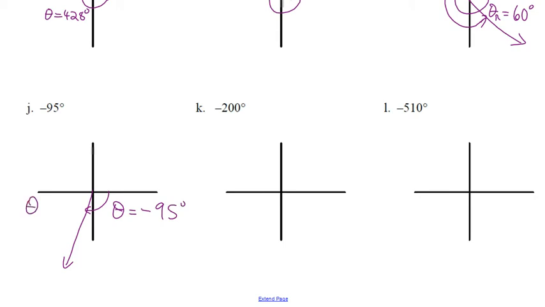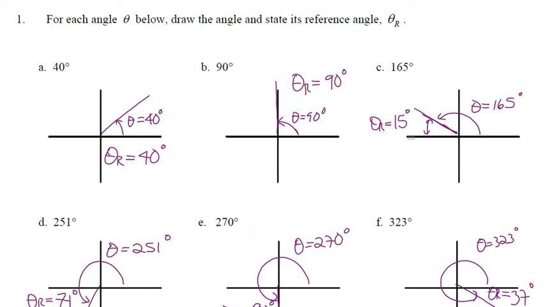And what's theta reference? 95. Nope. Because it's acute. What's acute mean? Yeah, less than 90, right? So your theta reference angle is 85 degrees. Negative 200. What's there? Can't erase. Okay, arrows on the terminal arm. I'm going to go fix my terminal arms here.